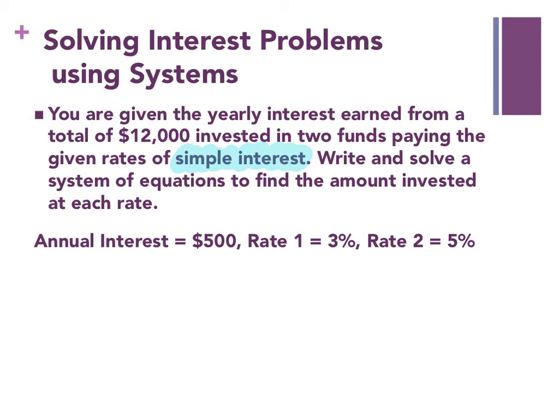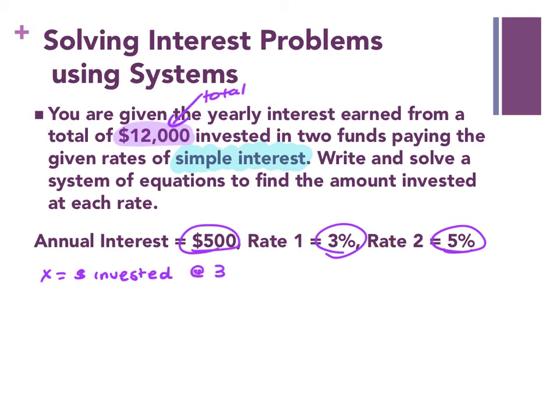So this gives me that one part, I invest a total of $12,000, so this is the total investment. The annual interest is how much money I made after 1 year, and then I've got 2 different rates. So my 2 variables are x, which is the amount of money invested at 3%, and y, which is the amount of money invested at 5%.